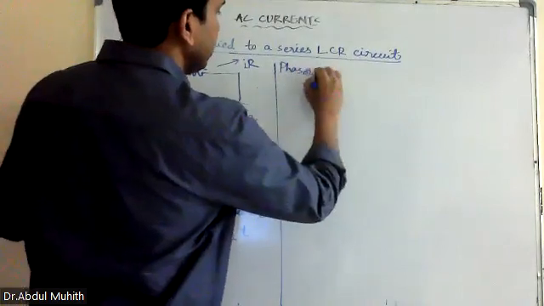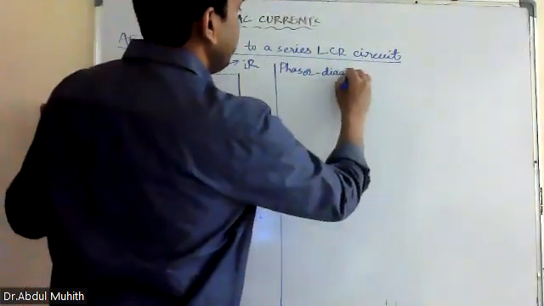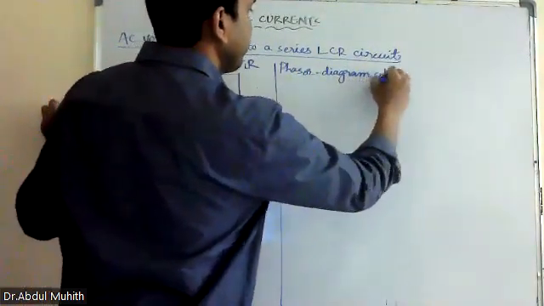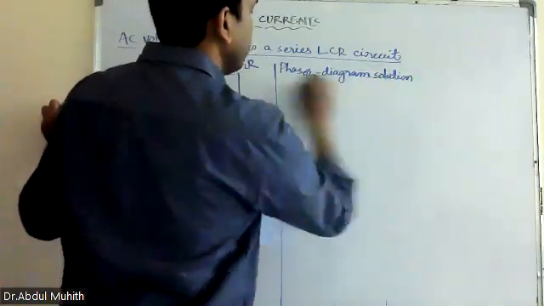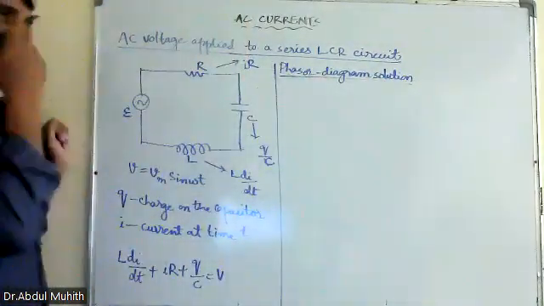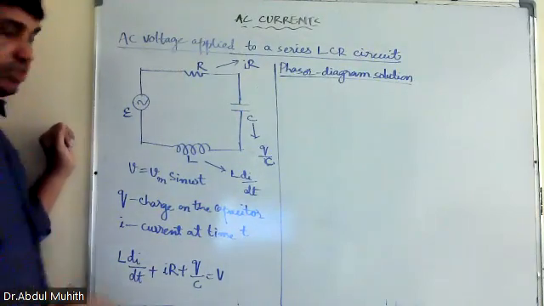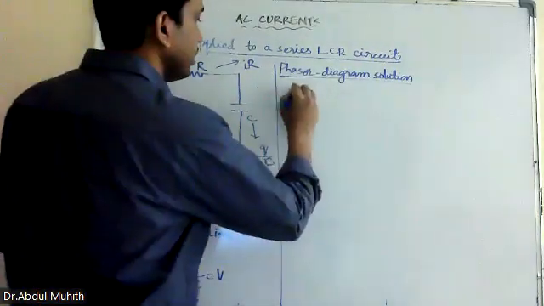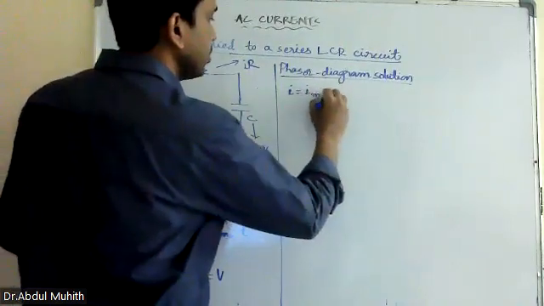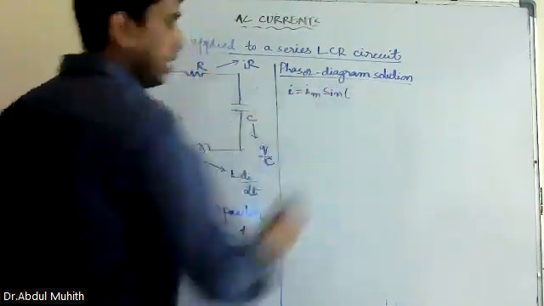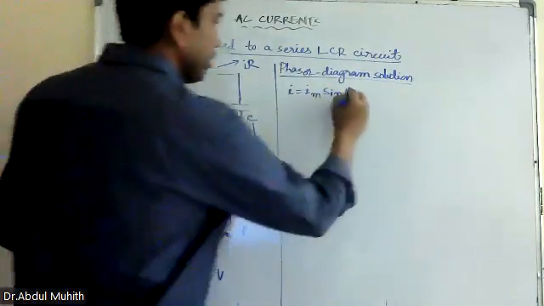Phasor diagram solution. So what is the formula? I is equal to Im sin omega t plus phi.